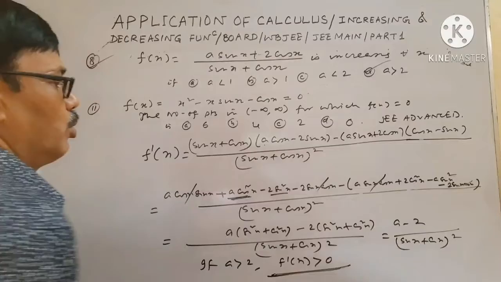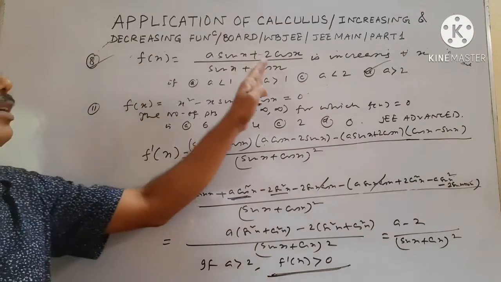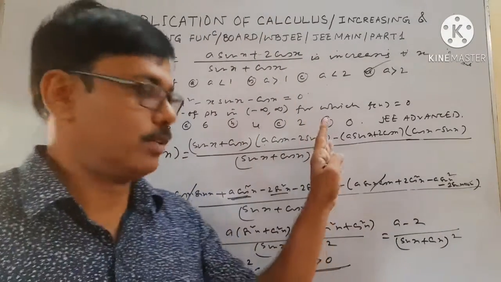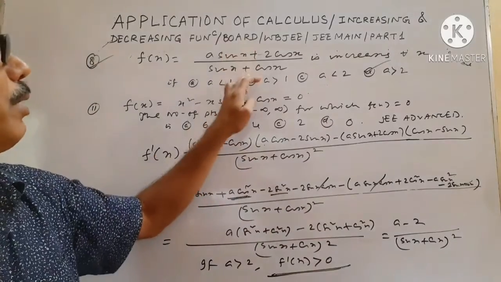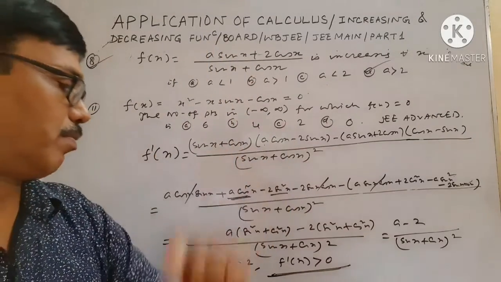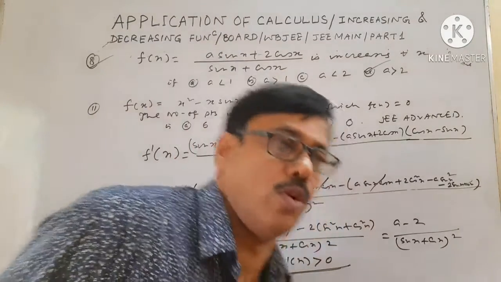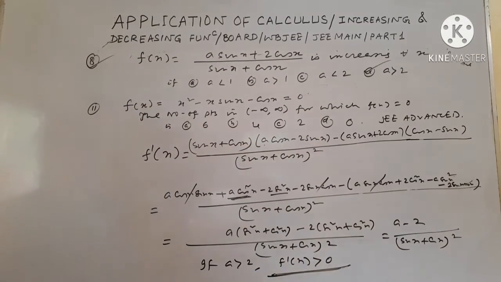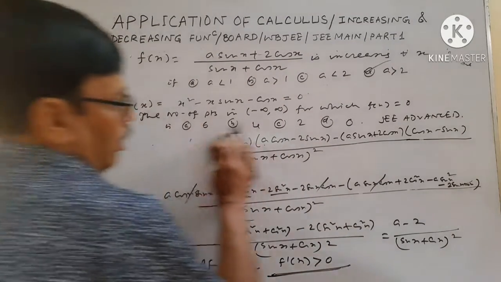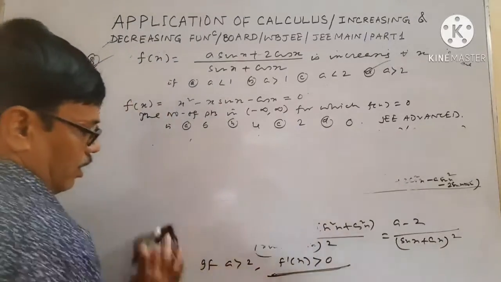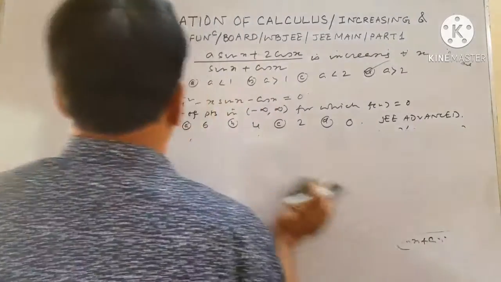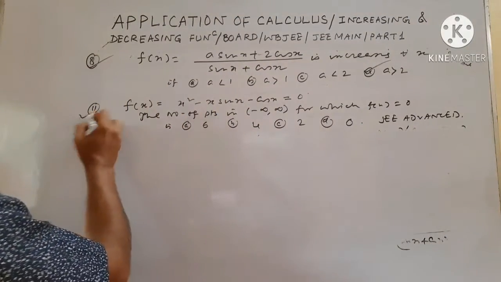We only needed simplification of the derivative. So the value of a is greater than 2.